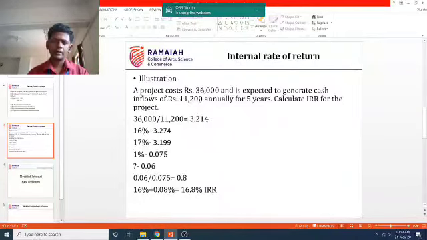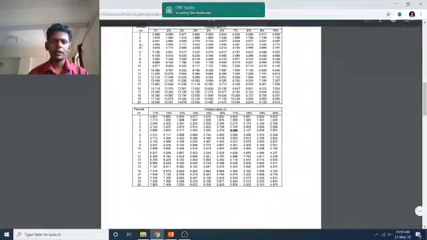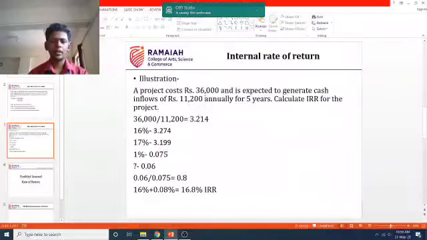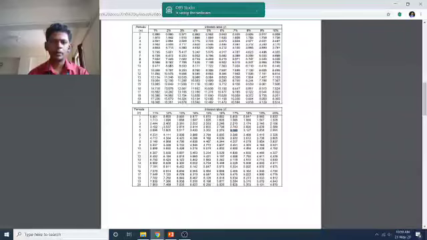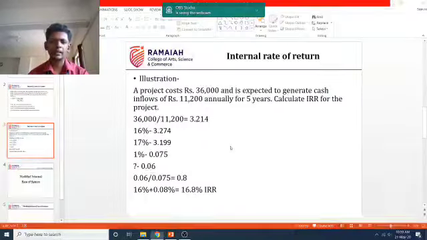Here they have given 11,200 annually for 5 years. Now go to the present value table. Under the fifth year, check for this figure of 3.214. It lies between 16% and 17%. At 16% it is 3.274, at 17% it is 3.199. We need 3.214, so you just have to cross multiply.